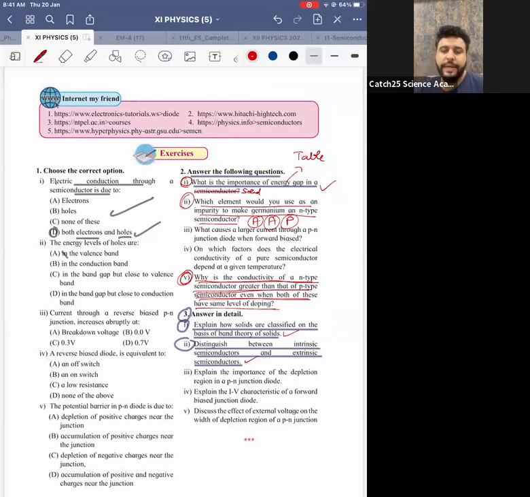So tell me if you have any doubts. We have done what is band theory of solids, the types of semiconductors, that is intrinsic and extrinsic, then two types of extrinsic semiconductors, that is N-type and P-type. So tell me, is everything clear? Any doubt in any topic, let me know, and then we will continue.